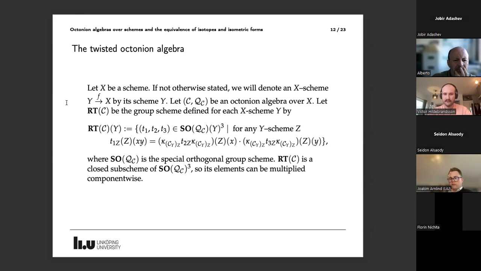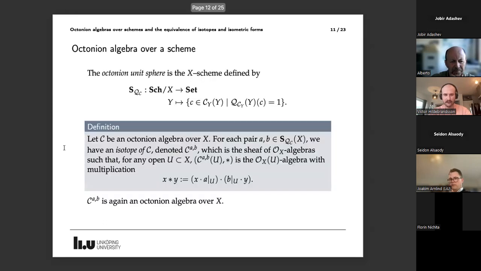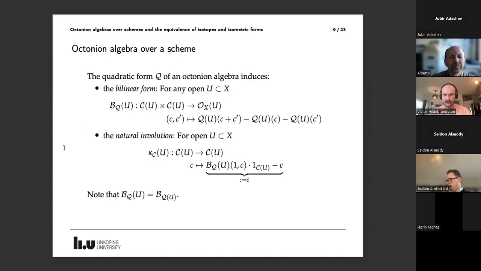And we let C and Q be some Octonion algebra over X. Then we can define the group scheme RTC by sending any X scheme Y to this long set of triples satisfying this long equation. And recall that these kappas are the natural involution that we had here.